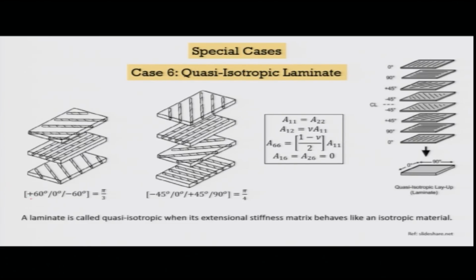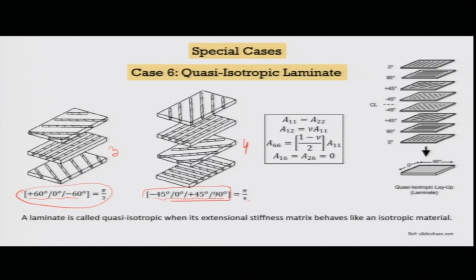If the ply angles are of this type, plus 60, 0, minus 60, that is of pi by 3, or of this type, minus 45, 0, plus 45, 90, that is of pi by 4. So, for 3 layers this is the sequence, and for a 4 layer system this should be the sequence.